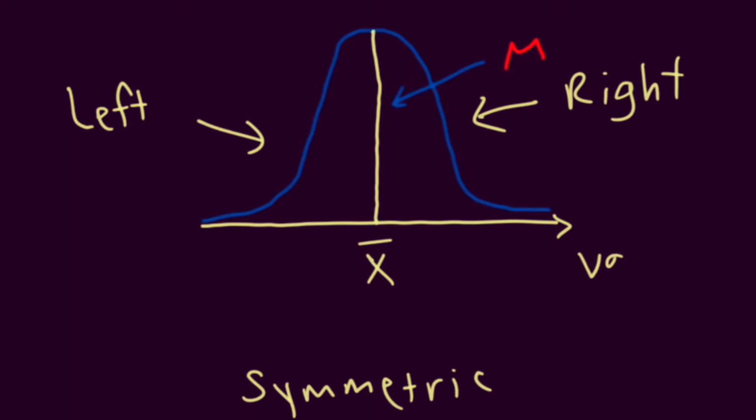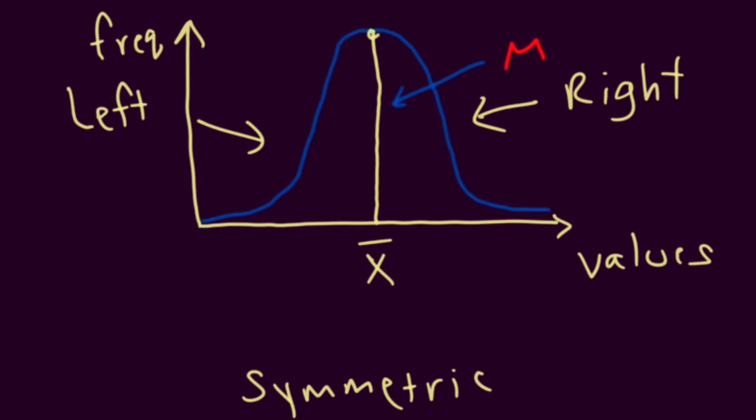Now for the x-axis, we can have the values. And the vertical axis represents the frequency. So what do you think about the mode? The mode is located at the point with the highest frequency, which is actually at the same place as mentioned there.